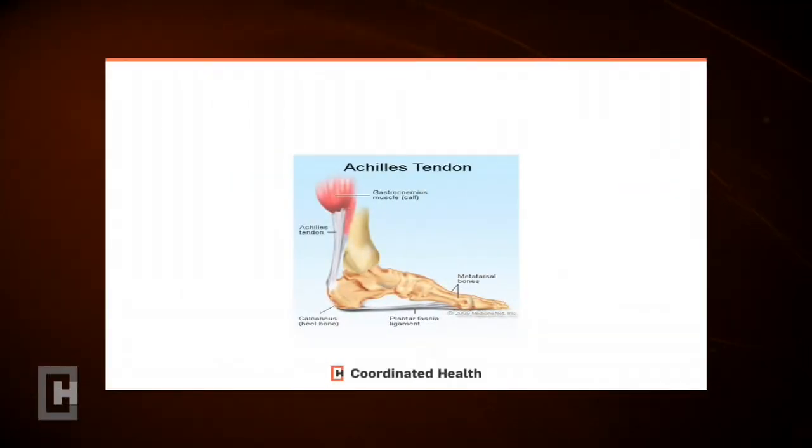So the last of the top 5 foot conditions would be plantar fasciitis. Now, the plantar fascia is this thick strap of tissue on the bottom of your foot, and if you look at this drawing here, this is what the plantar fascia is.